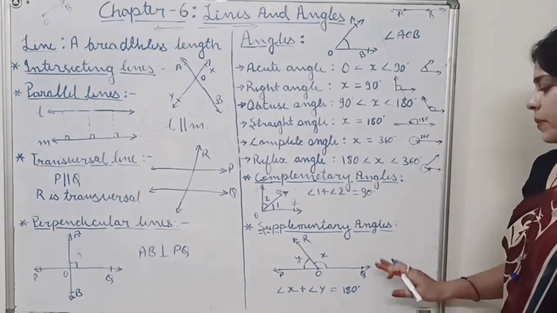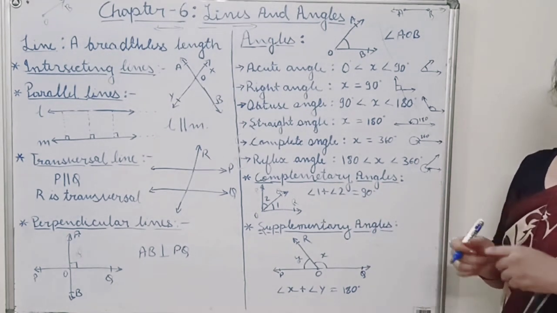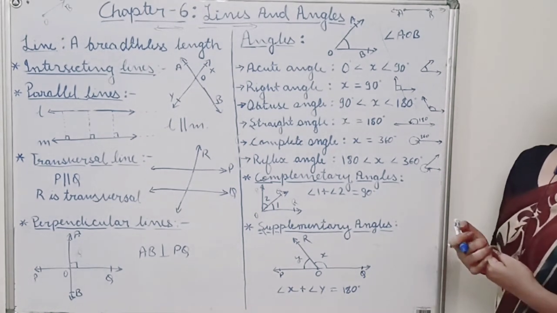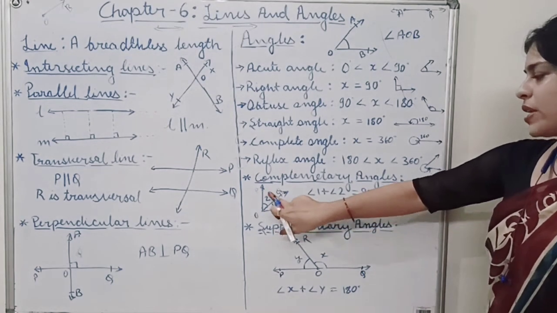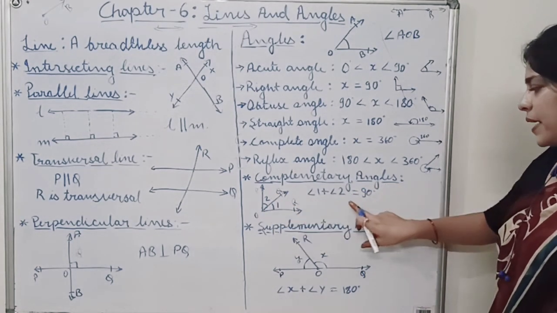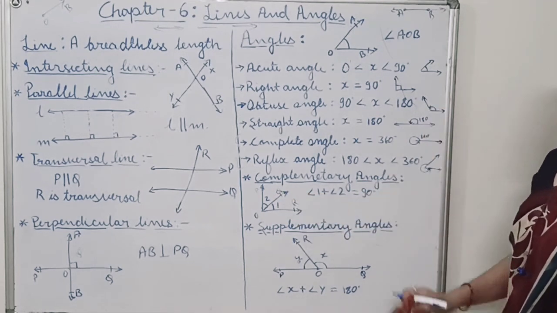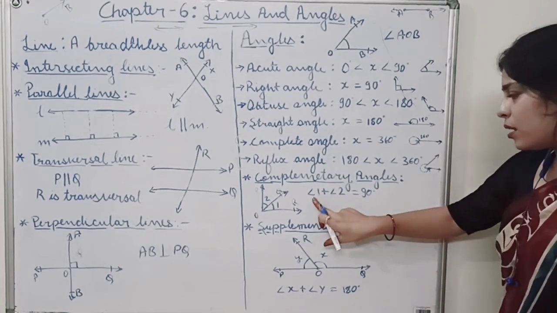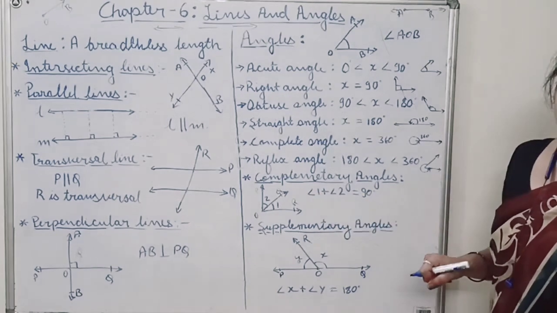Now see what are complementary angles and what are supplementary angles. When the sum of two angles is 90 degrees, then the two angles are called complementary angles. Okay, here we can see clearly that this is angle 1 and this is angle 2. And if the sum of angle 1 and angle 2 is 90 degrees, then angle 1 and angle 2 will be called complementary angles, or angle 1 is the complement of angle 2 and angle 2 is the complement of angle 1.